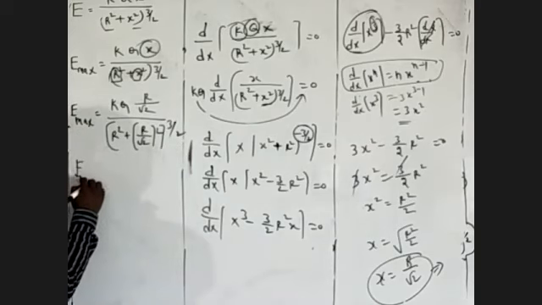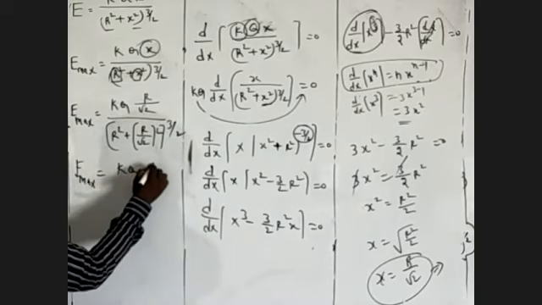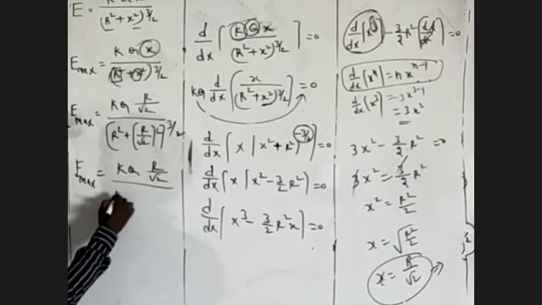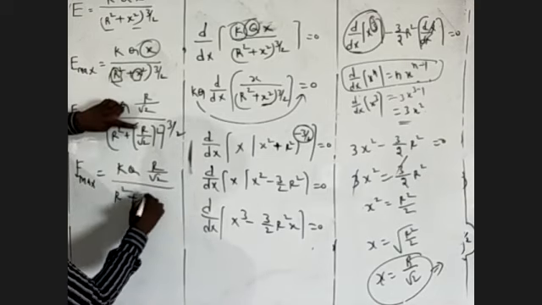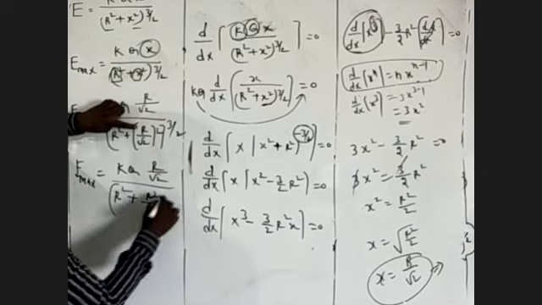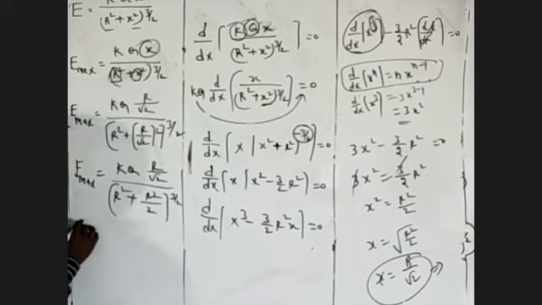Now Emax is equal to KQ r by root 2 by (r square plus r square by 2) whole power of 3 by 2.